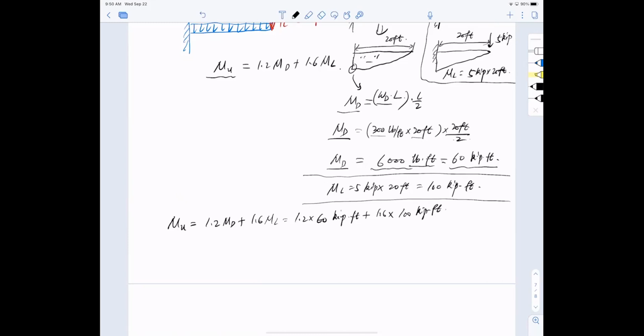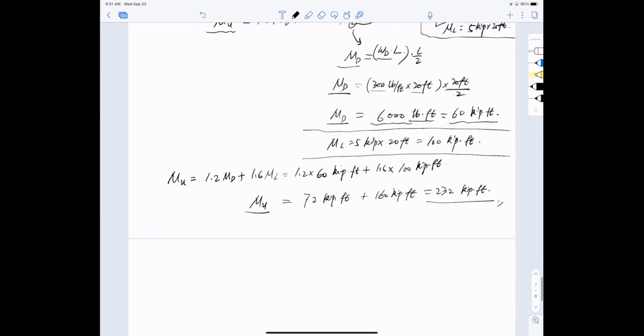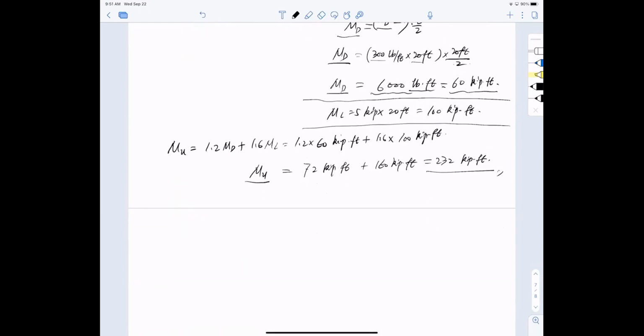And as you guys have spotted, I made a mistake there with 72 kip foot after the factor, and then I got 160 kip foot after the factor from the live load, and the total applied moment should equal 232, and I think this is correct, kip foot. Thank you again. So that is the applied moment.